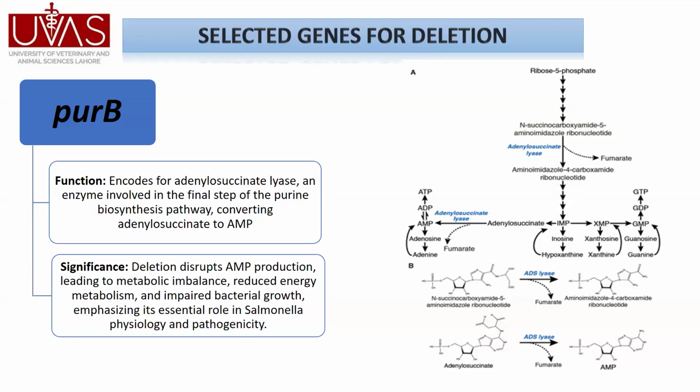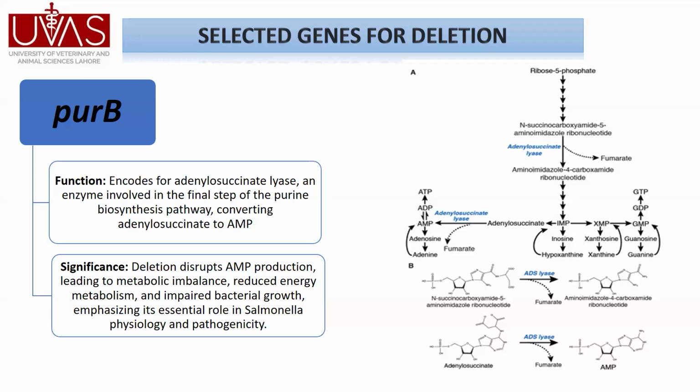These nucleotides are synthesized by the bacteria itself for its energy metabolism and for its DNA synthesis. We found an enzyme, adenylosuccinate lyase, which is very crucial for the synthesis of AMP, adenosine monophosphate.